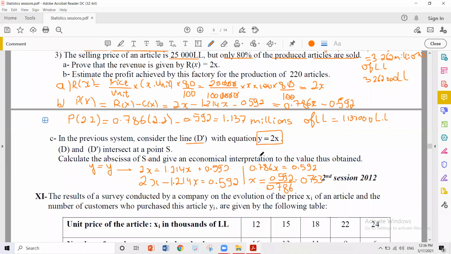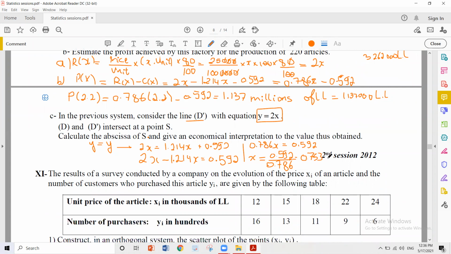Okay, بعدين بيقلنا give an economical interpretation to the value thus obtained. So what is the economical interpretation to the value thus obtained? Yes, sabaya. What is the economical interpretation? The first D represents the cost. The second one represents the revenue.